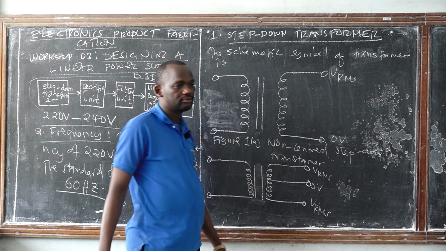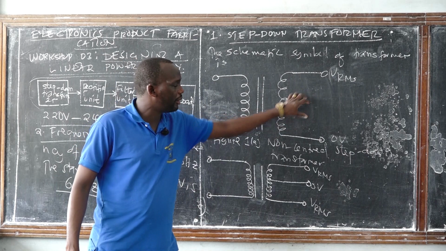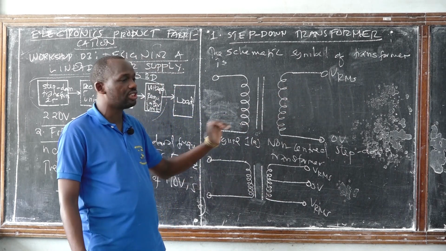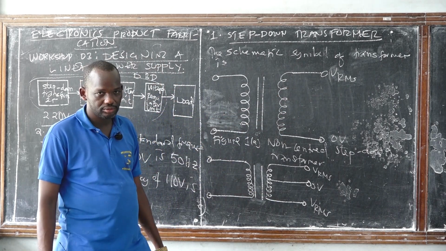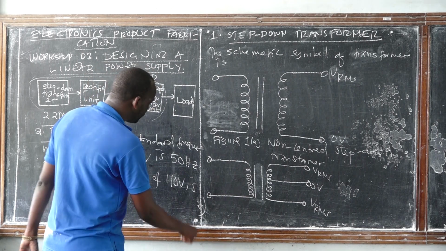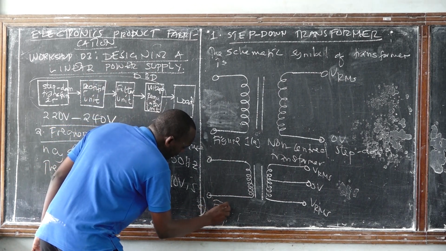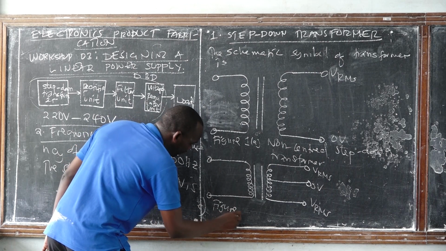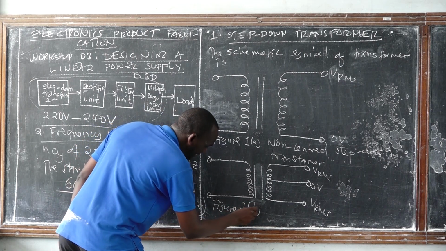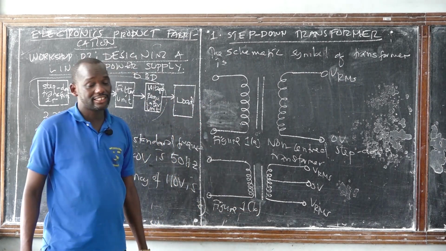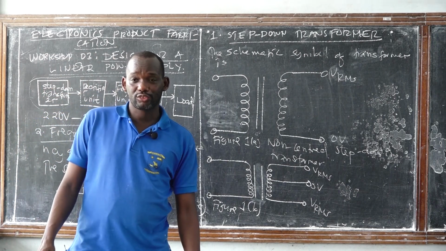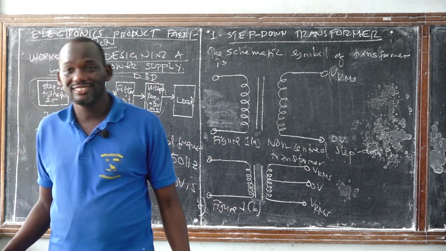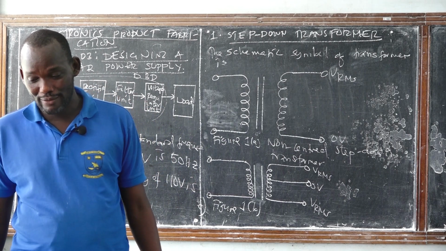Listen carefully. We did not discuss the output parameters, but I'm trying to give you an overview. When I was teaching you about the transformer, I just mentioned step down, centered step down transformer and non-centered step down. I didn't go into too much detail.